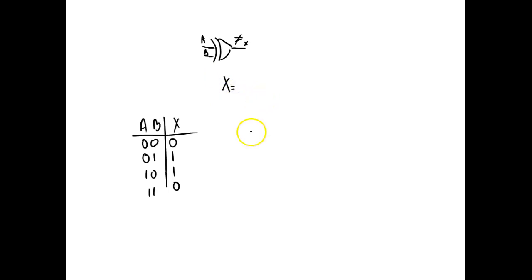So when we do the Boolean equations, always consider the output, what's required to get the output to go to a high.